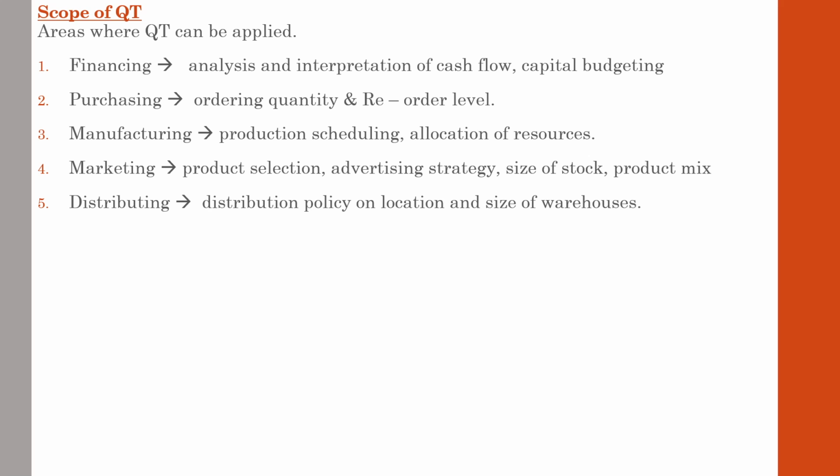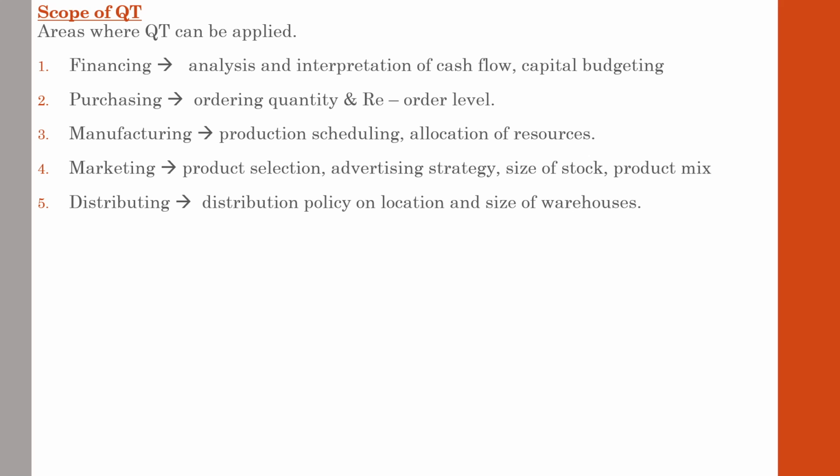Next one, distribution. Distribution includes distribution policy on location and size of warehouses. One of the major issues faced by the organization is how to distribute the goods or services to the ultimate customers, because customers will be scattered all over the world.